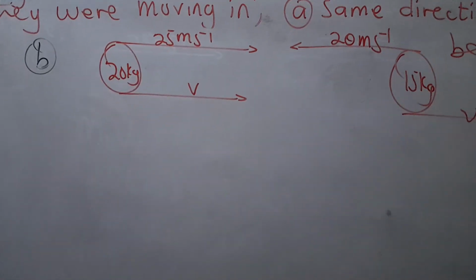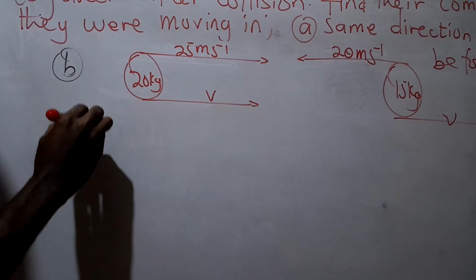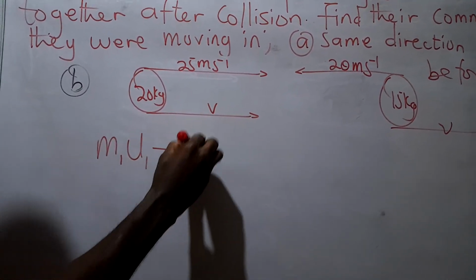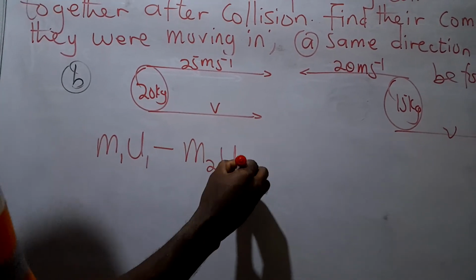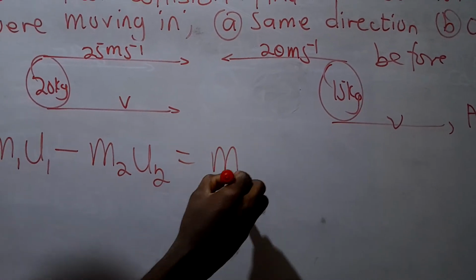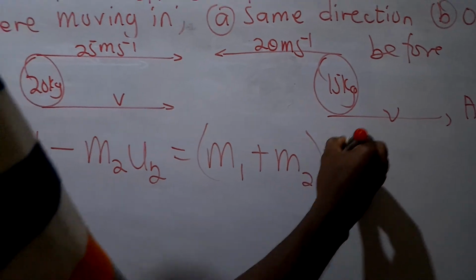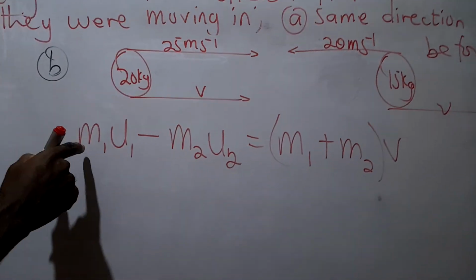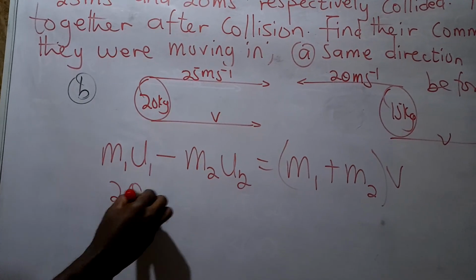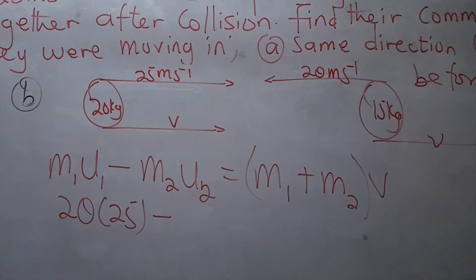So since they are moving in opposite directions, remember we negate one of the velocities. So we say m1 u1 minus m2 u2 will be equal to, since they have the same velocity, m1 plus m2 times that common velocity. Now what's our m1? Remember, it is 20 times 25, which is the initial velocity of the 20 kg body.